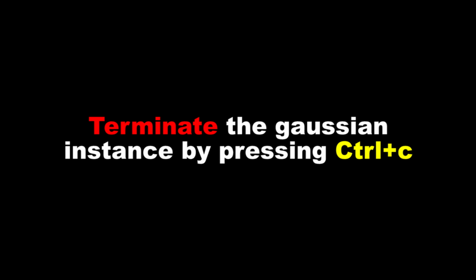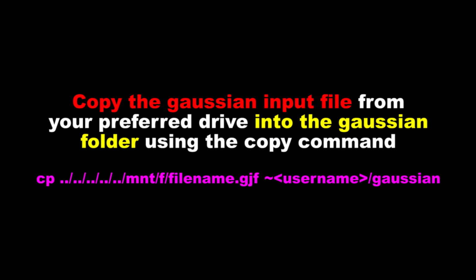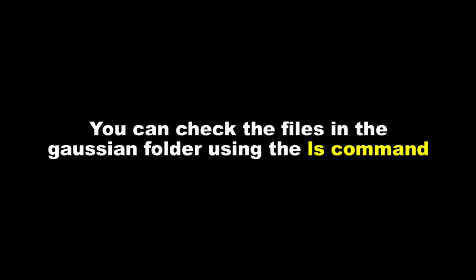Terminate the Gaussian instance by pressing Ctrl+C. Copy the Gaussian input file from your preferred drive into the Gaussian folder using the copy command. You can check the files in the Gaussian folder using the ls command.